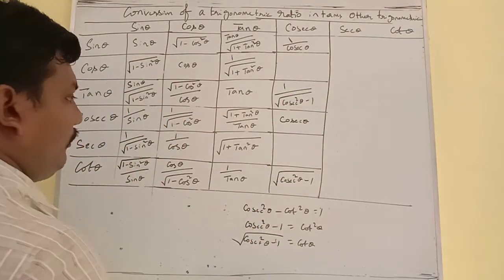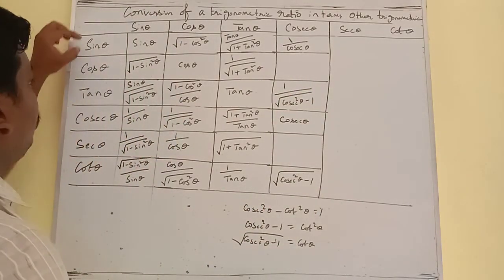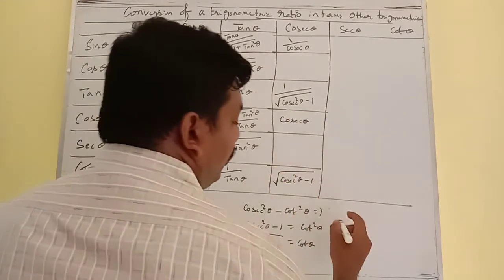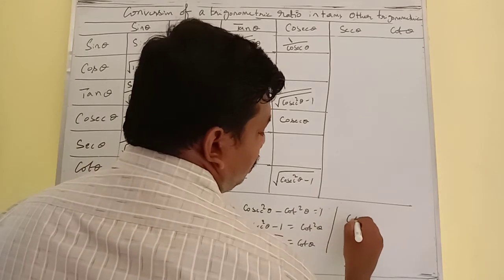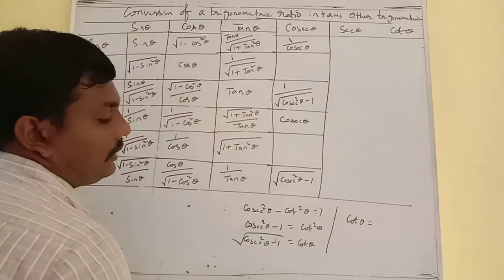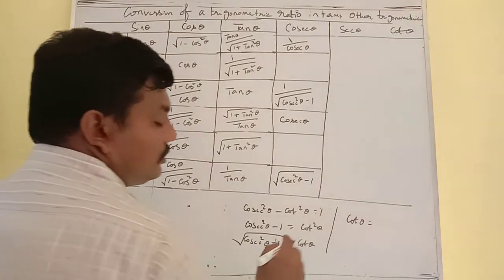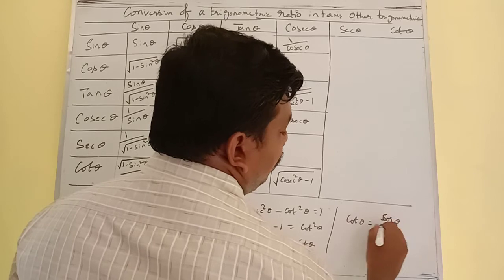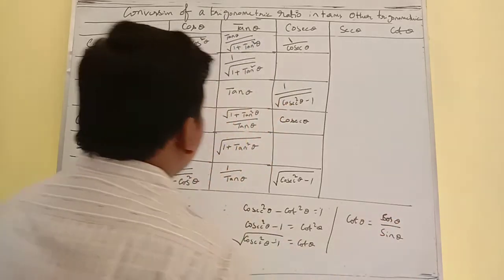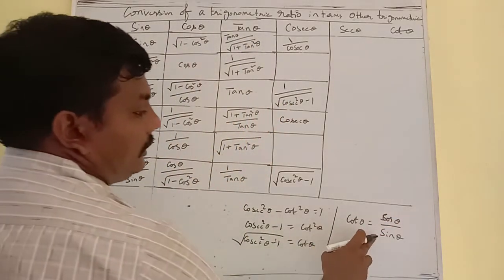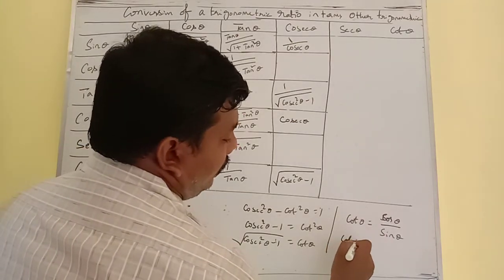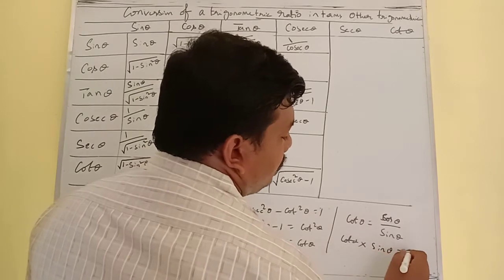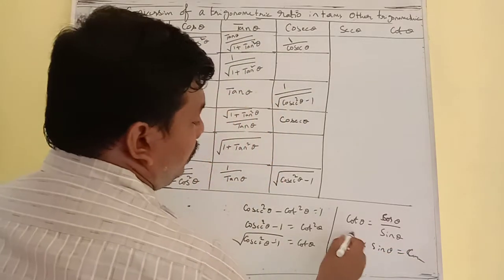So we know the tan theta value, cot theta value, cosecant theta value and sin theta. What about cos theta? To find cos theta, we use the cot theta formula. Cot theta is equal to cos by sin. So we need the cos theta value. That means cot theta into sin theta is equal to cos theta.